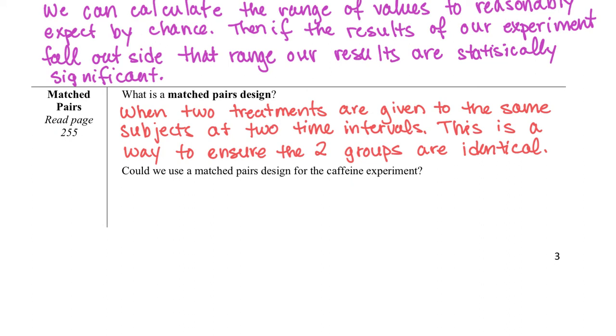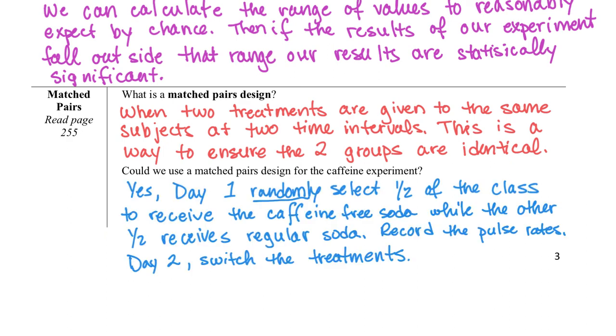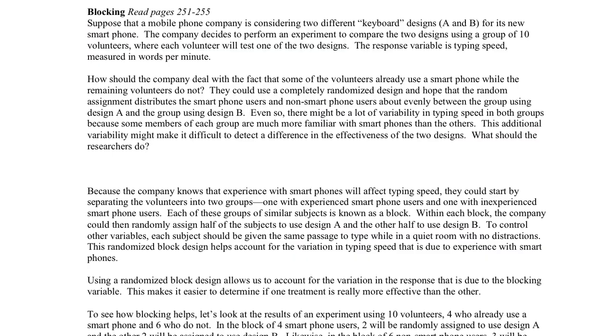So it's very important that we randomize who receives which treatment the first day and who receives it the next day. Just to summarize that, on day one, you'd randomly select half the class to receive the caffeine-free soda while the other half receives the regular soda. You'd record the pulse rates, and day two, you'd switch the treatments and run the experiment again.